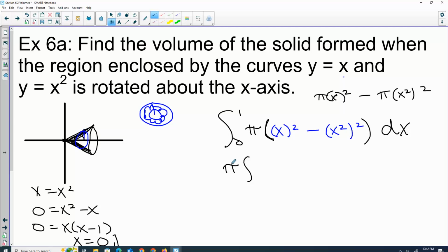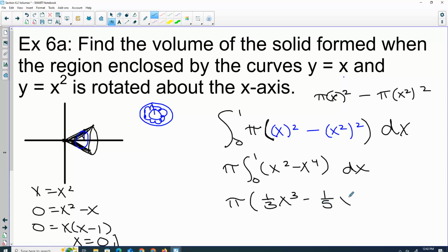So we get the integral of x squared minus x to the fourth dx. The antiderivative of x squared is 1/3 x cubed. The antiderivative of x to the fourth is 1/5 x to the fifth.